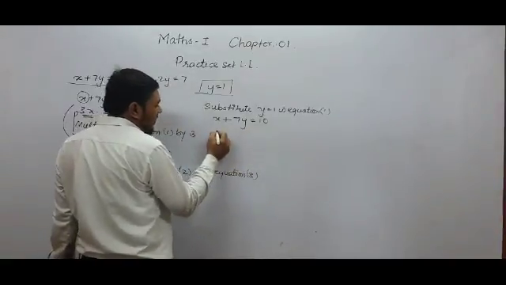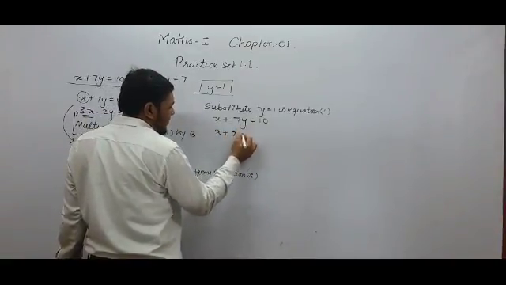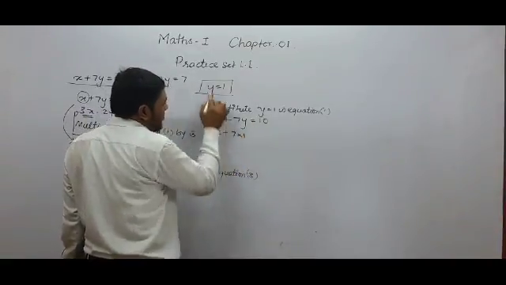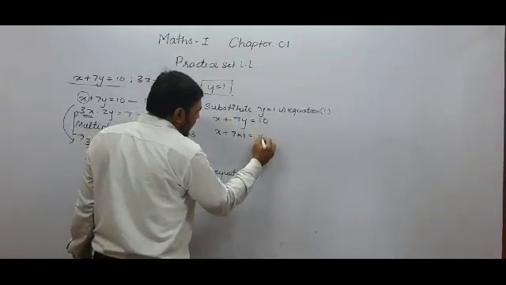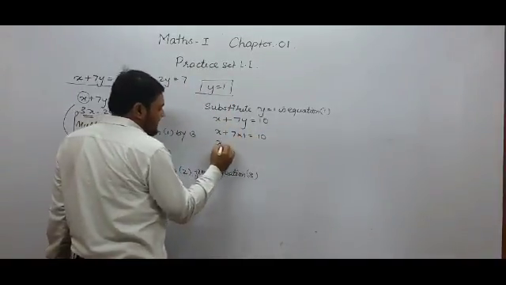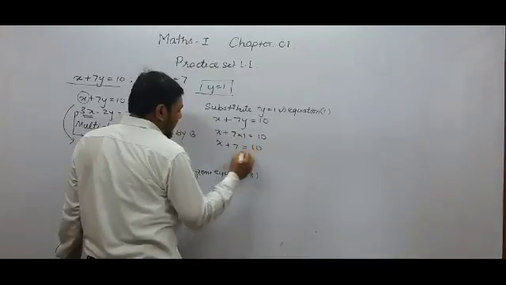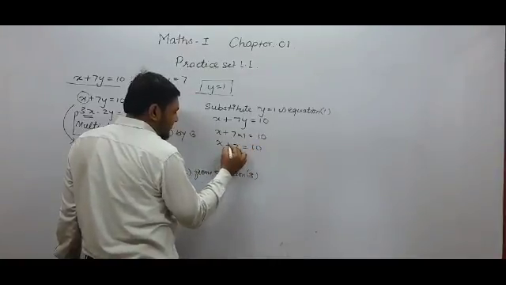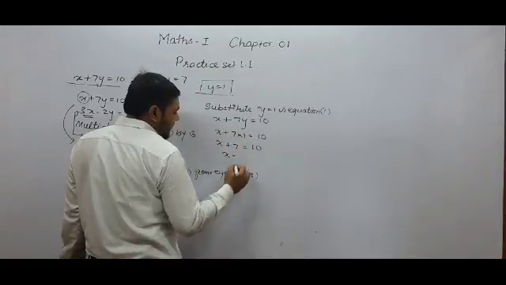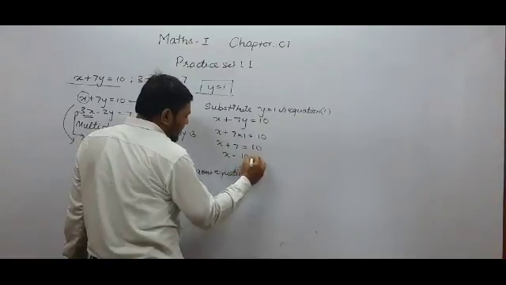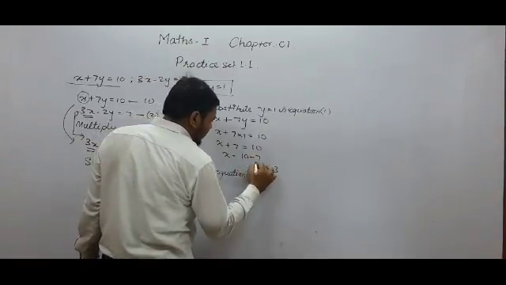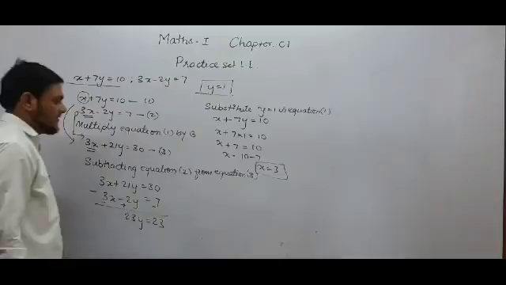Now put the value of y. x plus 7, multiplied by 1 because the value of y is 1 here, equal to 10. So x plus 7 ones are 7 equal to 10. So x equal to, this 7 is positive here, it will go as negative to the RHS, 10 minus 7, x equal to 3. So here we got the value of x.